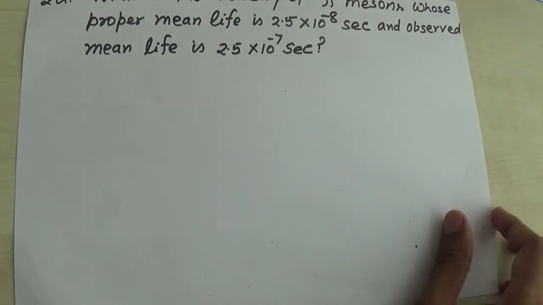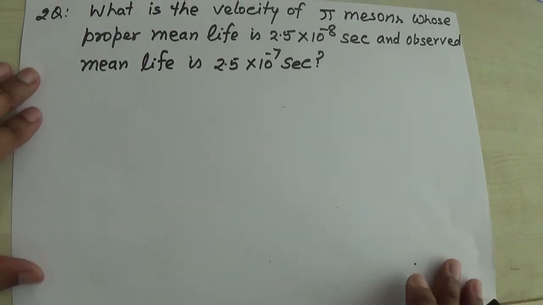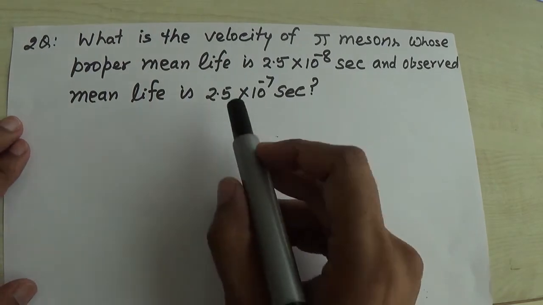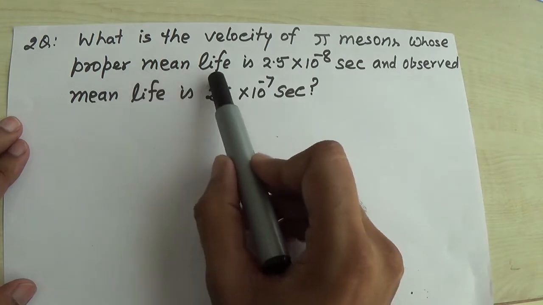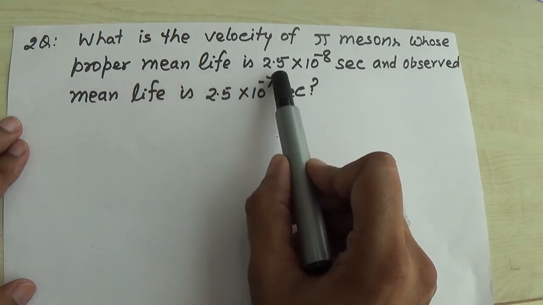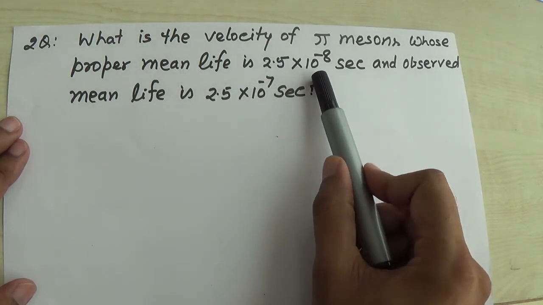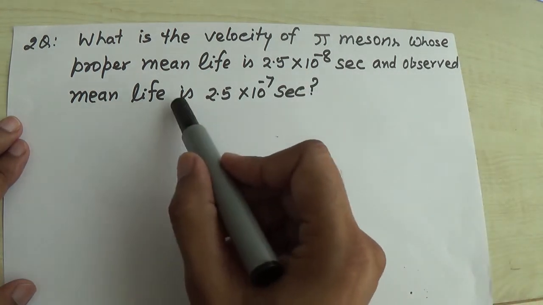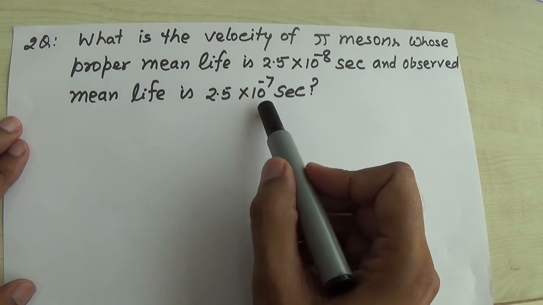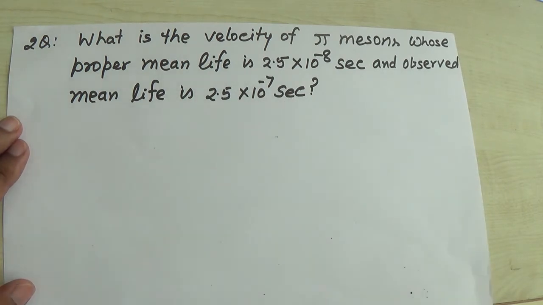So here in this particular example I have shown: what is the velocity of a pi meson whose proper mean life is 2.5 into 10 raised power minus 8 second, and observed mean lifetime is 2.5 into 10 raised power minus 7 second, right?